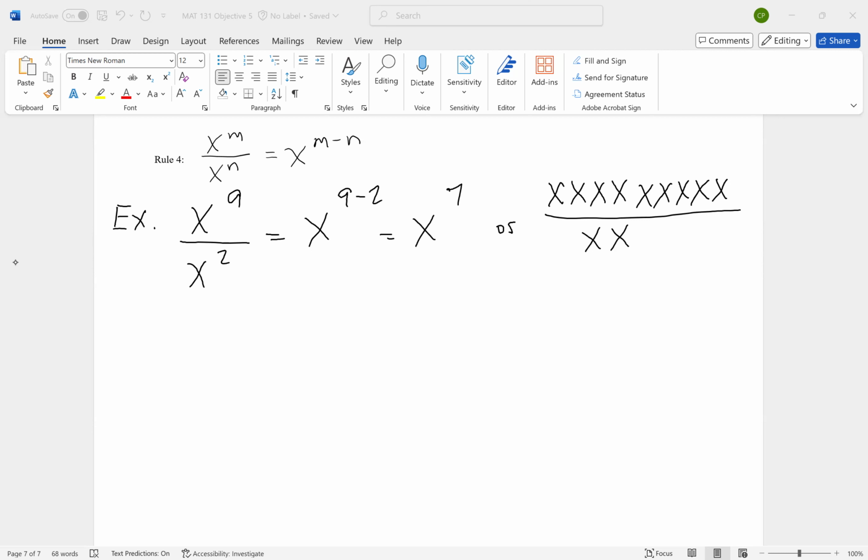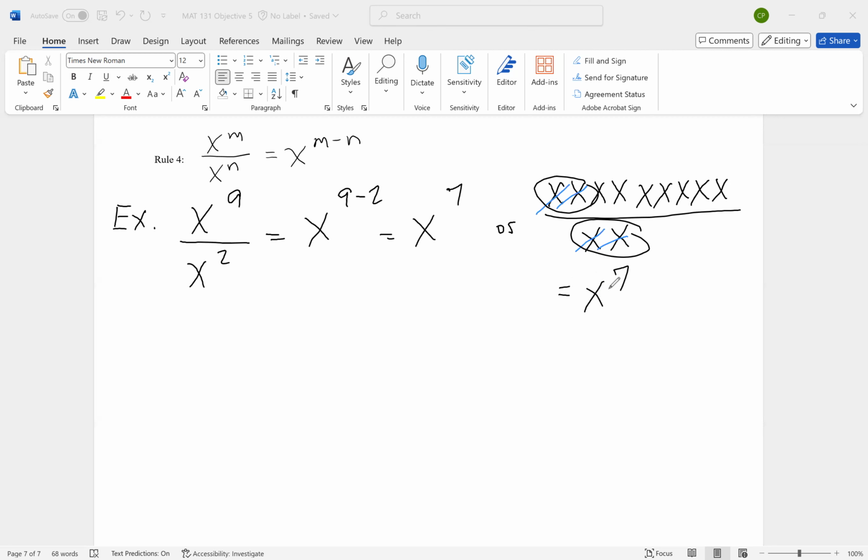So we can cross these out. X over x is going to be 1. X over x is going to be 1, okay? So by doing that, we were able to get rid of 2 x's from the top and the bottom. And we're left with 1, 2, 3, 4, 5, 6, 7 x's in the top.